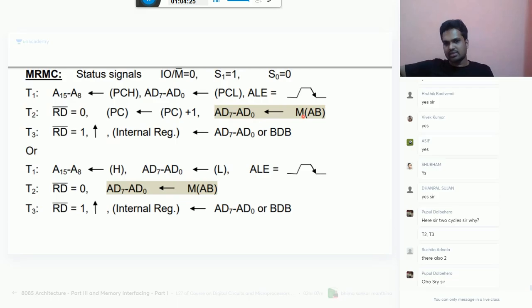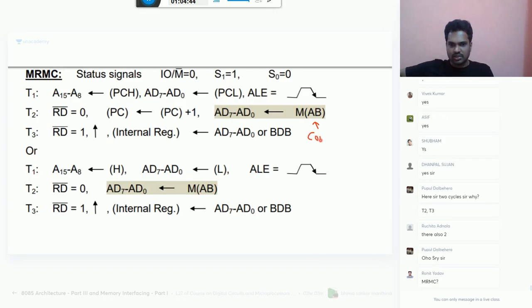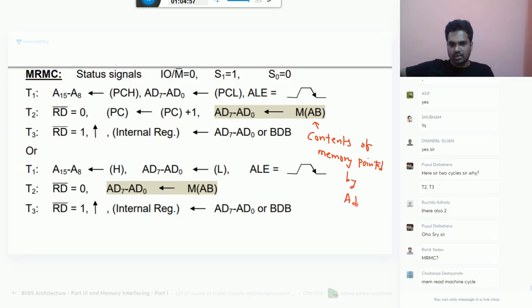So the memory, or contents of the address bus. The memory pointed by the address bus. Contents of memory pointed by address bus.